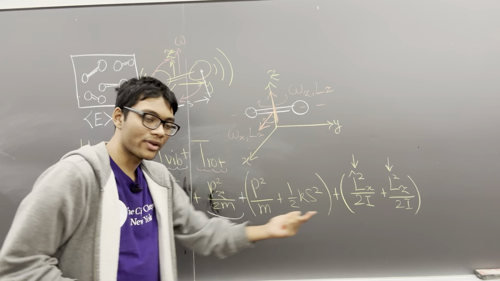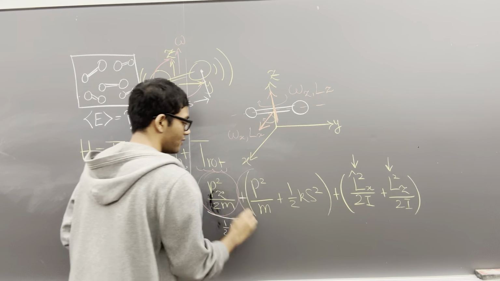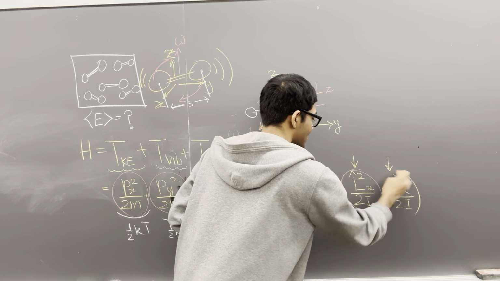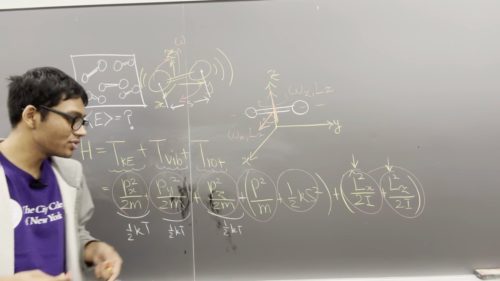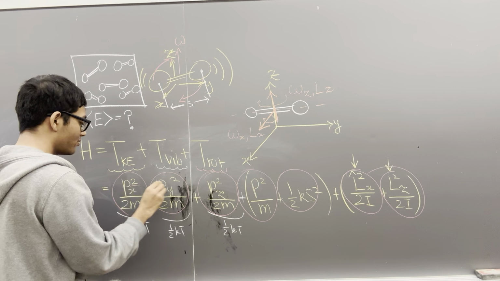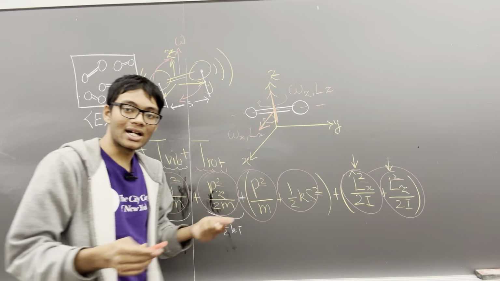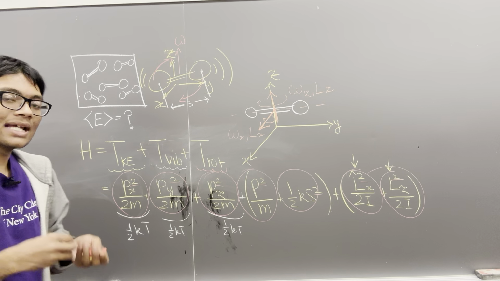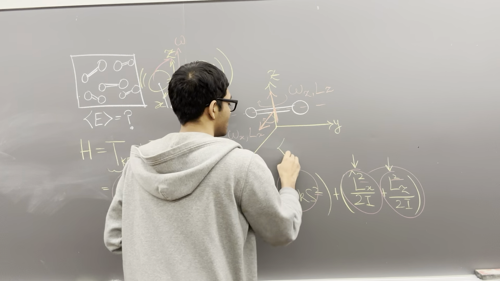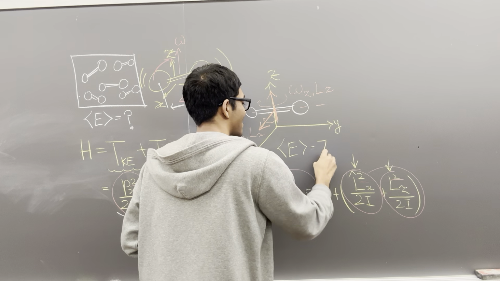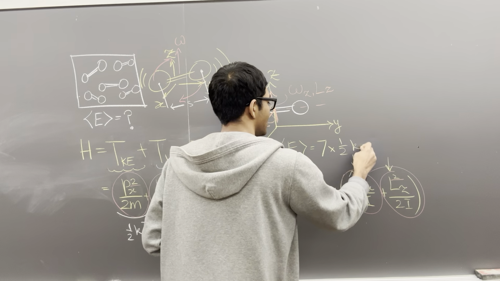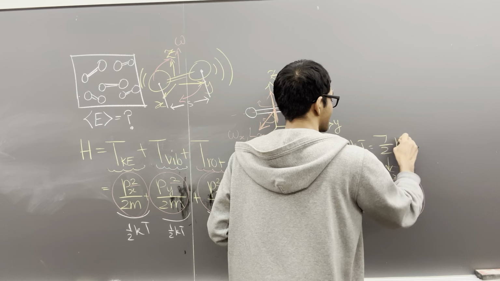How many quadratic terms do we have in our Hamiltonian? We have 1, 2, 3, 4, 5, 6, 7. Why are they quadratic degrees of freedom? Because all of them are squared. None of them are linear or even constant. So that means the average energy of our system is none other than 7 times 1/2 kT, or 7/2 kT.